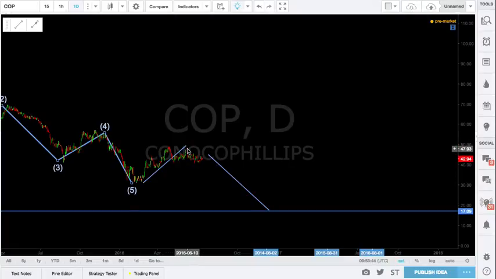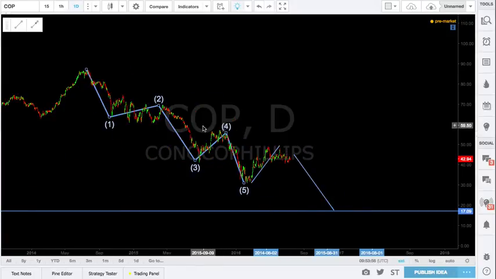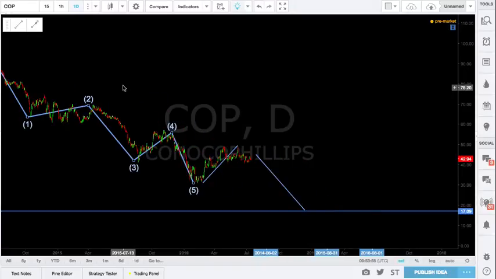It's retested like we were suggesting the other one would do, and then you can see it's starting to make a movement down. So we'd be looking for a sell signal on this one, a sell position on a lower time frame, and we can go into that as the opportunities come up during the week.